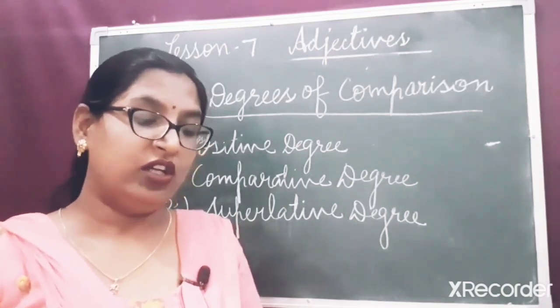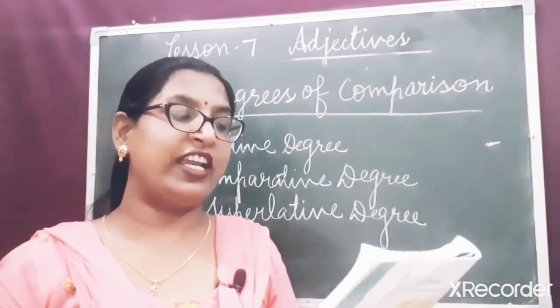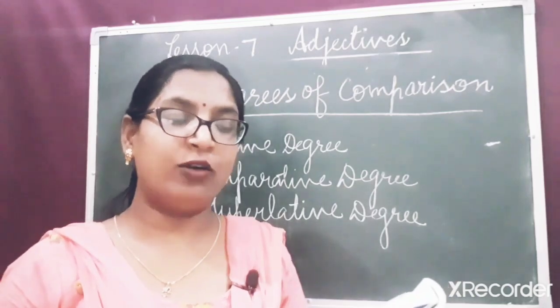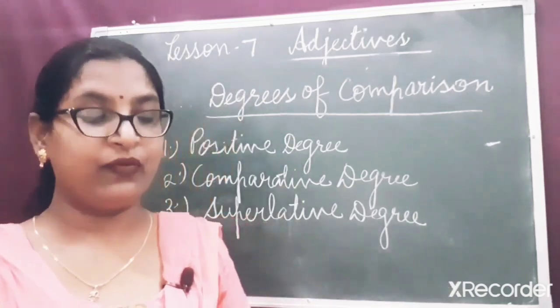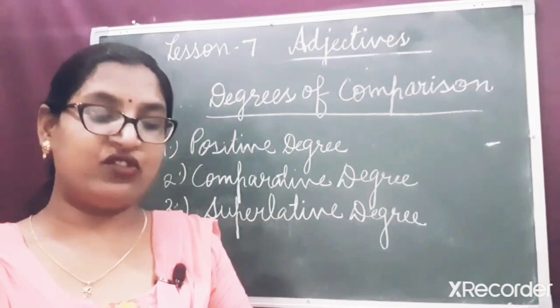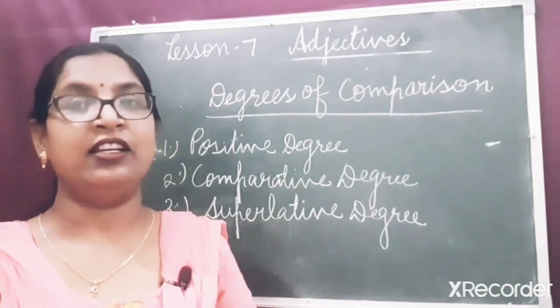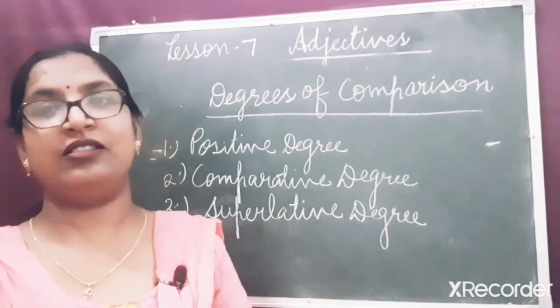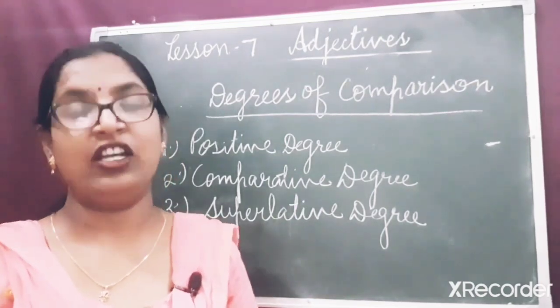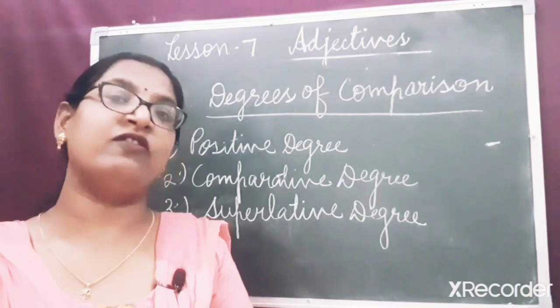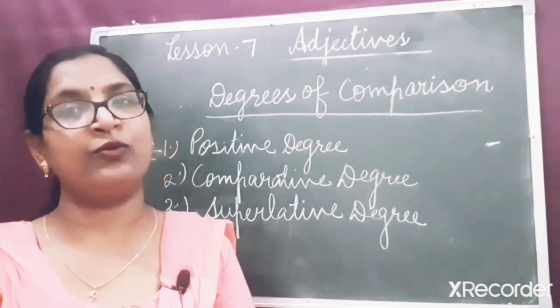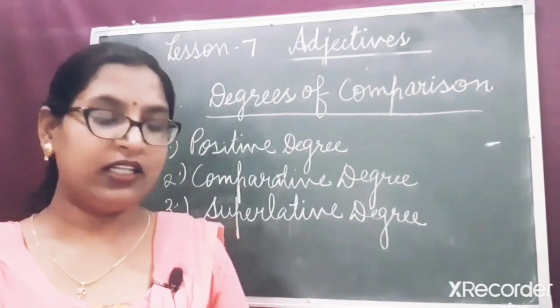Now, how do adjectives change in form to show comparison? Positive degree means the base form of an adjective. How do we make it comparative and superlative? What are the forms we use for comparative and superlative?